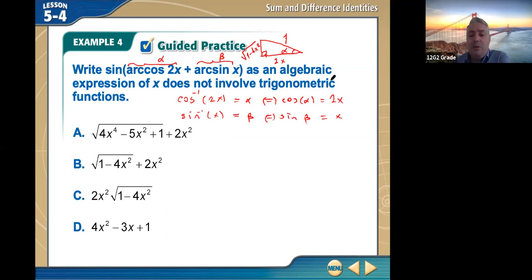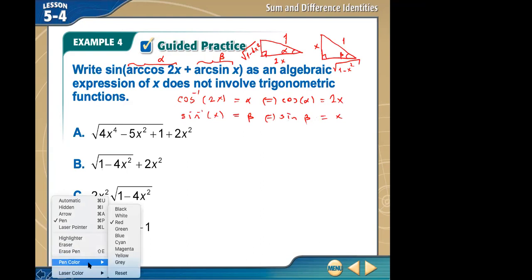That means we are on the good way. Now, what about the second triangle? Let me say beta. Since here I have sine of beta, it's x. So sine means opposite divided by hypotenuse. So what will be then this? Square root of 1 minus x squared. Till here, do we have any question?